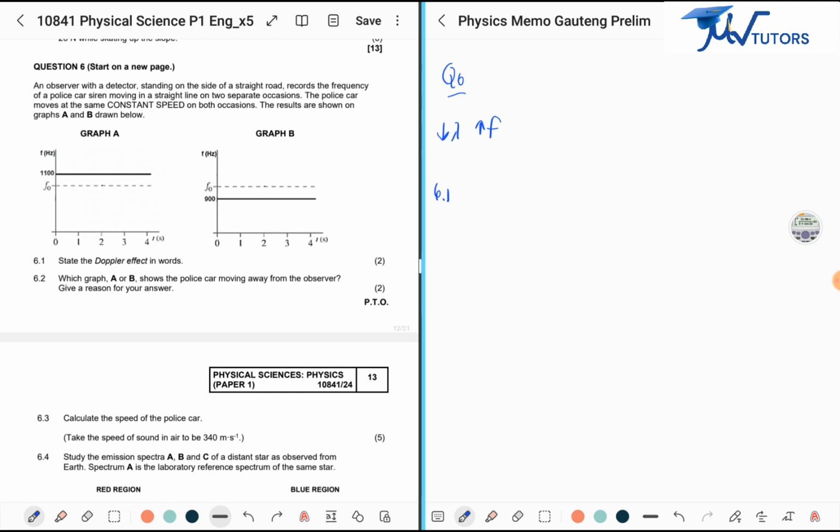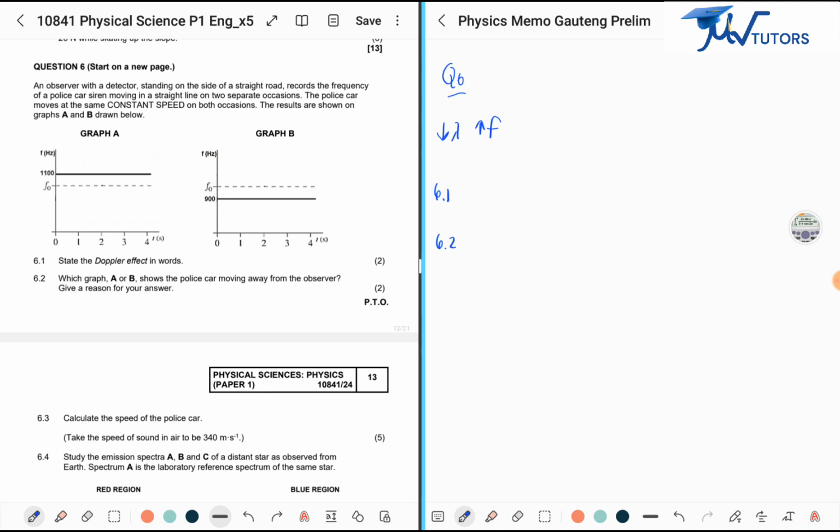So it's basically the change in frequency of the sound detected by a listener, because the sound source and the listener have different velocities relative to the medium of sound. In this case, the speed of sound in A would be like 340, averaging from 340 to 360, something like that. But yes, basically that's the definition that you have to know by heart.